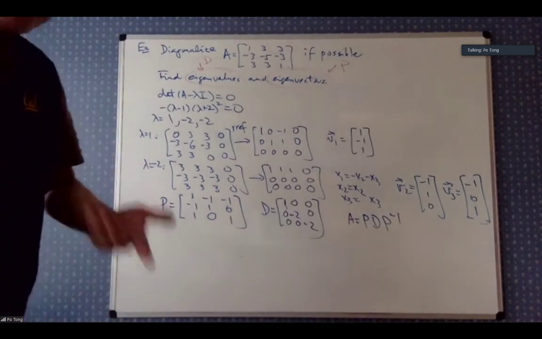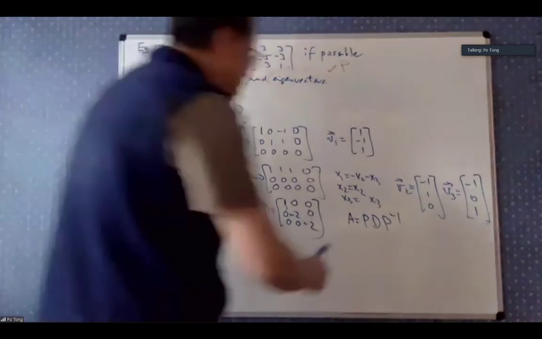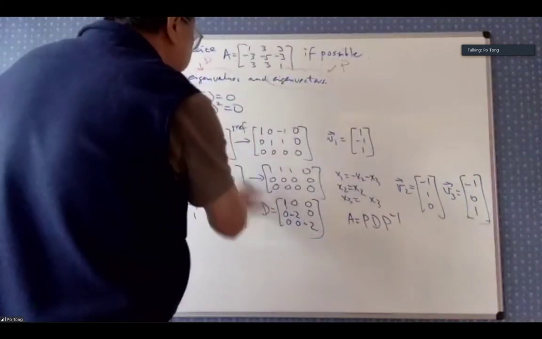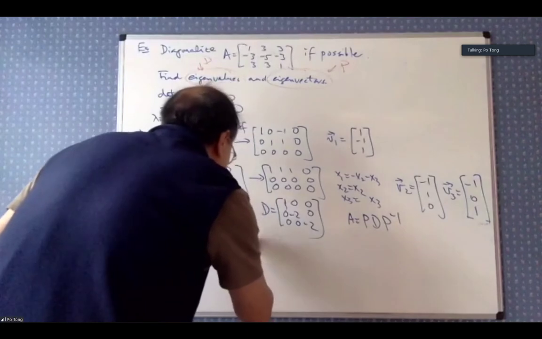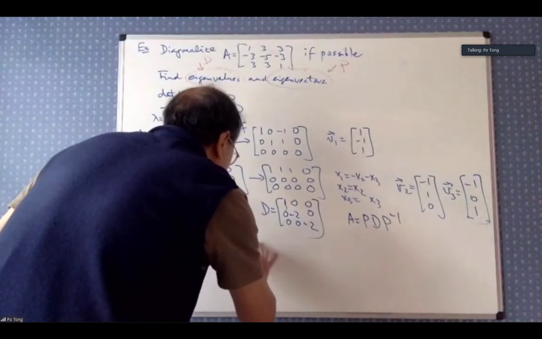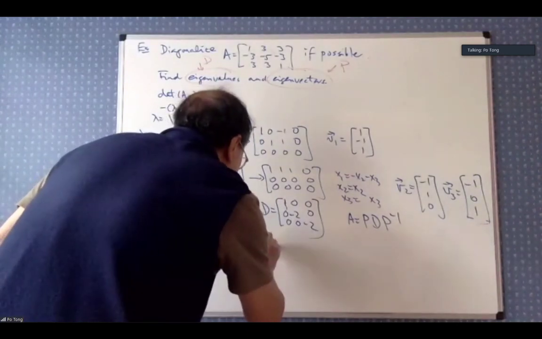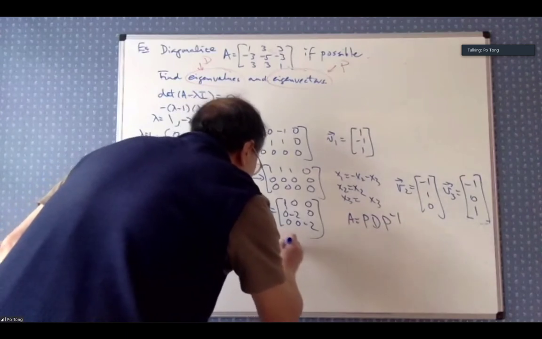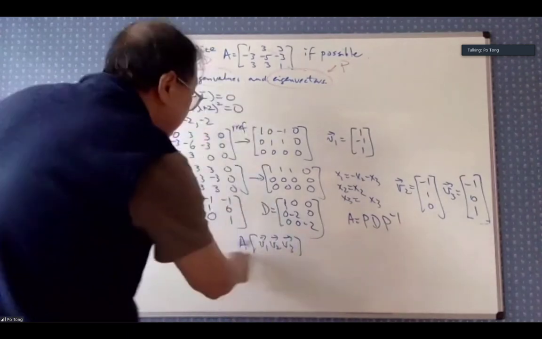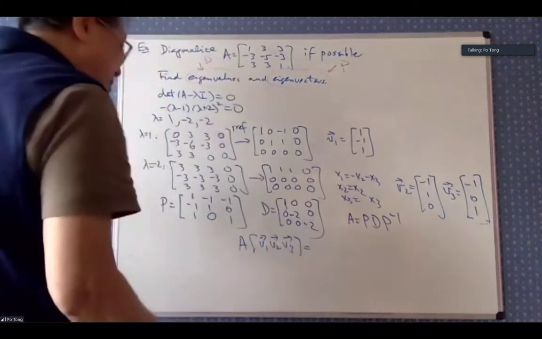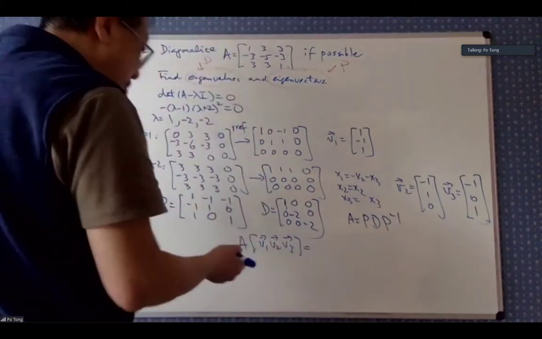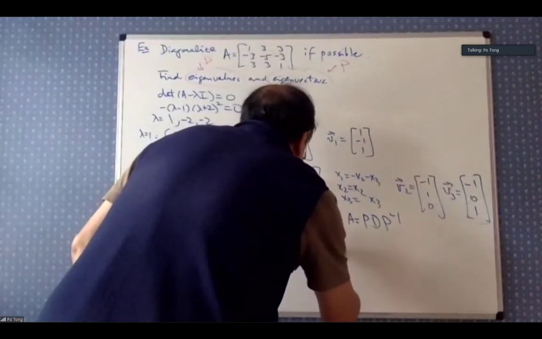The way I remember this is that, based on the definition of eigenvectors, A times P, because P is all these eigenvectors put together, A times the eigenvector is equal to the eigenvalue times the eigenvector.